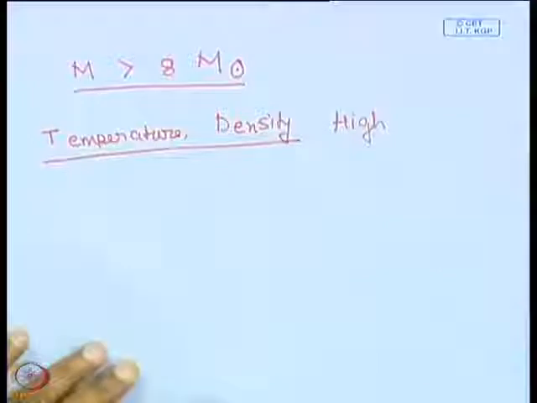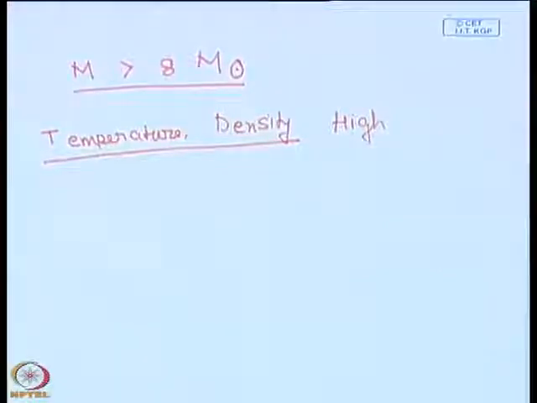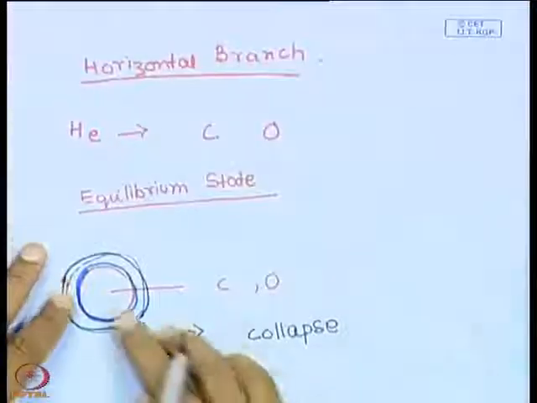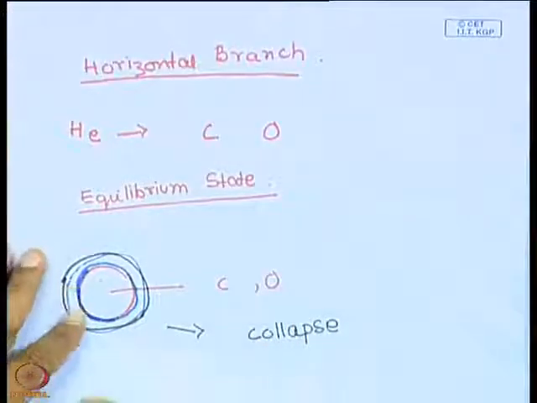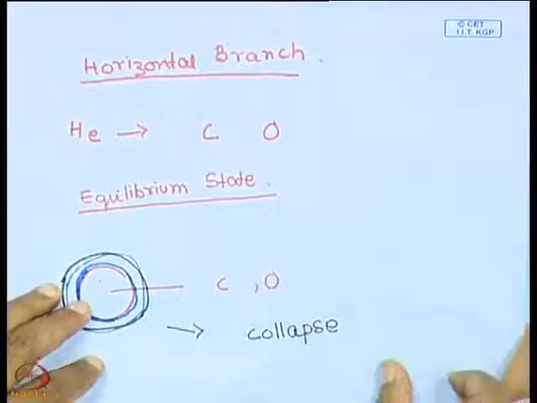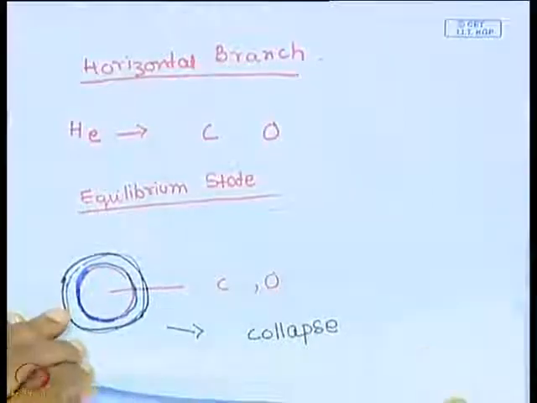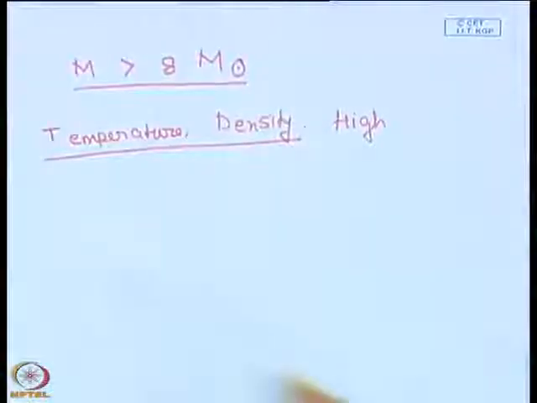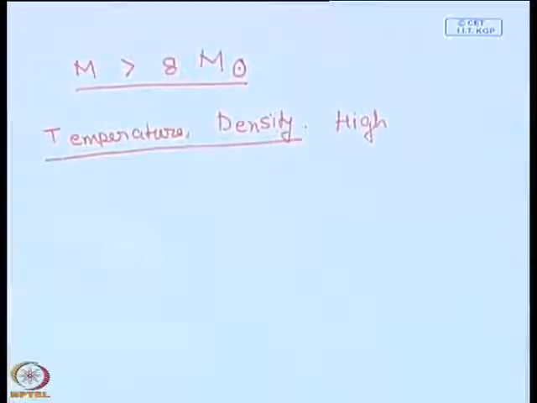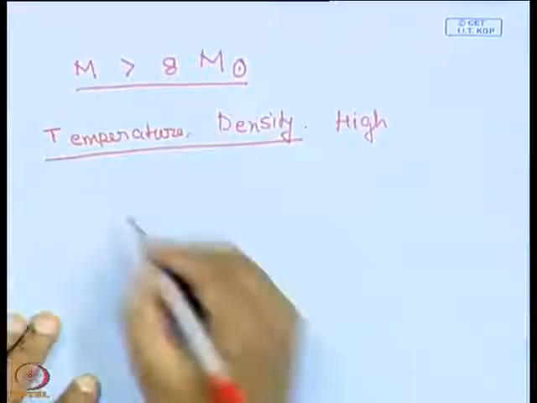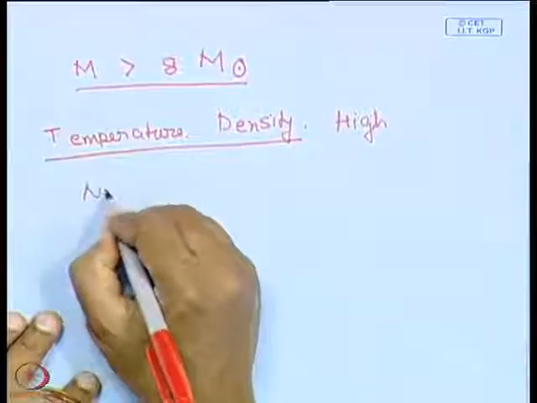So, you can again start nuclear fusion. In the smaller stars, once you reach carbon and oxygen in the core, when it collapses, the density and the temperature do not reach values adequately high for nuclear fusion to occur further. Here this is not true. The temperature and density is adequately high for further nuclear fusion to occur. So, more nuclear reactions occur.